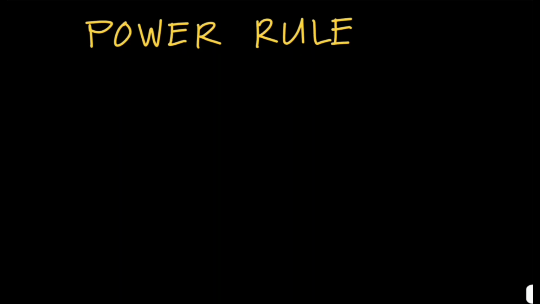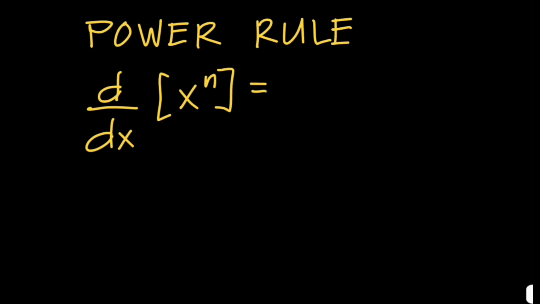Now let's talk about the power rule. So the derivative of a power with respect to x, let's say x to the n, is just equal to the exponent, our exponent here is n, times x to the power of the exponent minus 1.